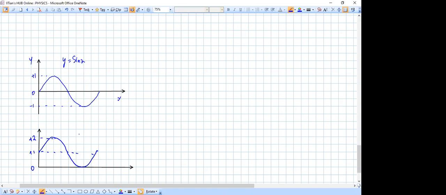So this is a graph of 1 plus sine x. Okay.